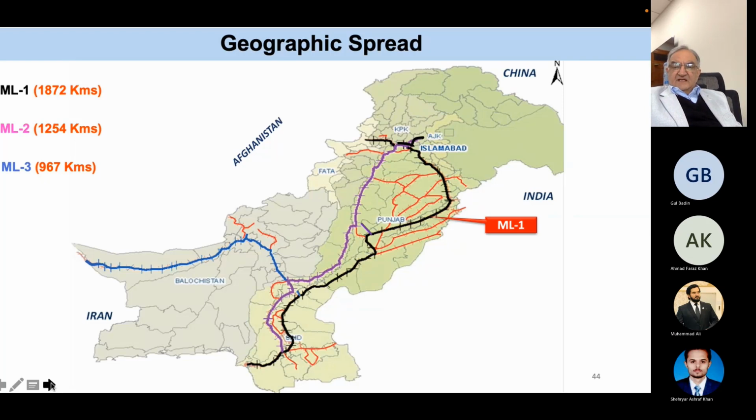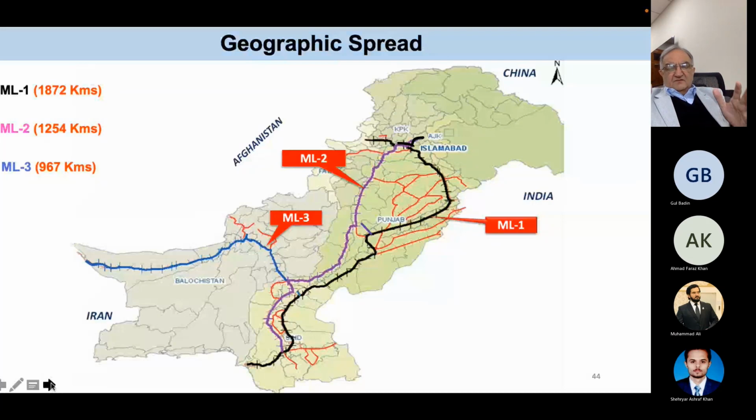Now, as I said, the black line is ML-1, Karachi. This purple line is ML-2. And this blue line is ML-3. And when you look at the geography of Pakistan, it is ideal for any kind of railway system, if we need a strong railway system, a strong infrastructure, and good train operations for a country like Pakistan.